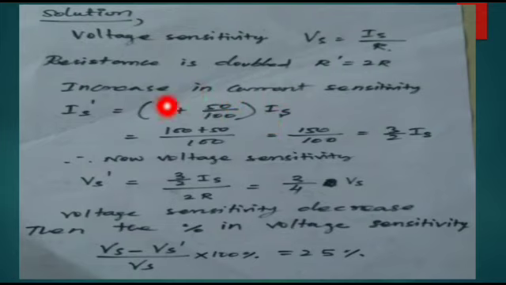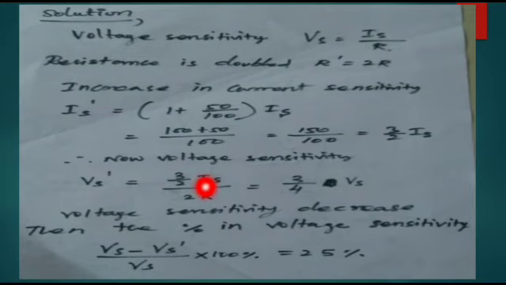Simplifying, we get 150 divided by 100, that is equal to 3 by 2 Is. If the current sensitivity increases, the voltage sensitivity also changes. Therefore, the new voltage sensitivity is Vs dash, which is the current sensitivity divided by the resistance.